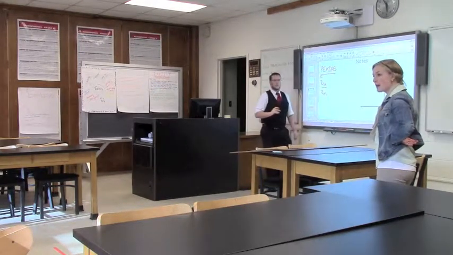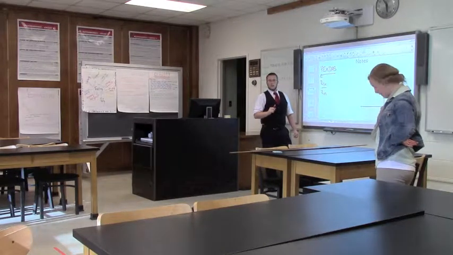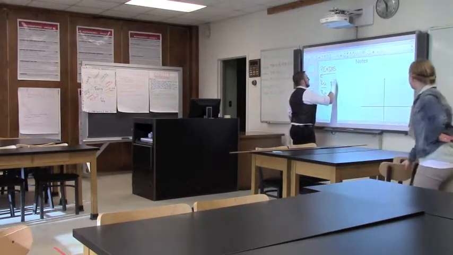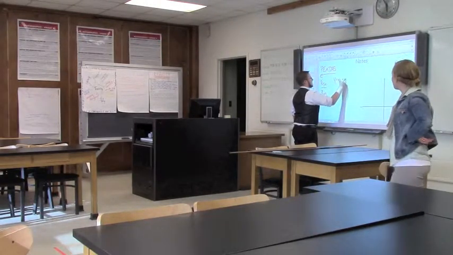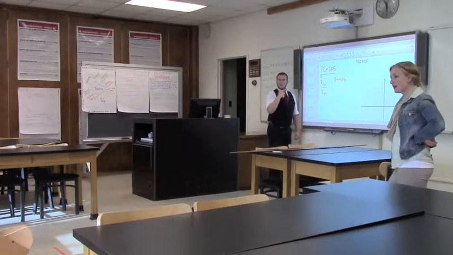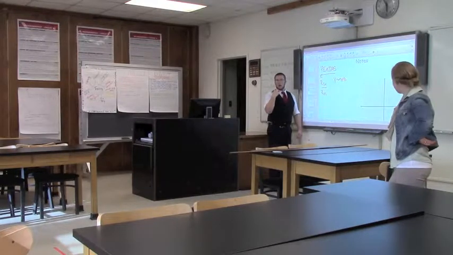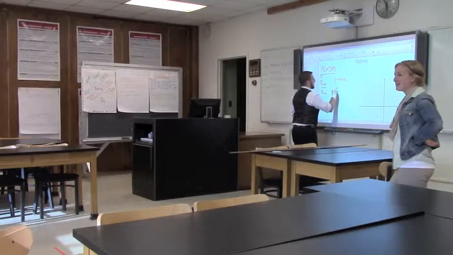What else? The slope intercept form is y equals mx plus b. Anybody, what does the m stand for? Brandon, you want to help us out? Is it the slope? Yes, it's the slope.